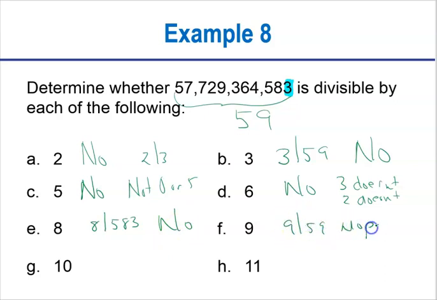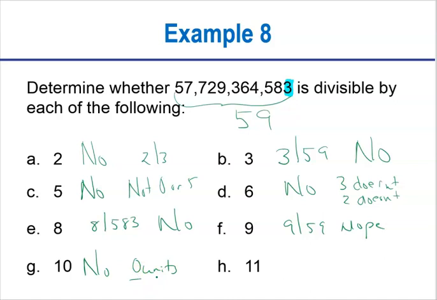As a matter of fact, if 3 doesn't go into that number, there's no way 9 is going to go into that number, because 3 is a divisor of 9. And if 3's out, 9 is out. Does 10? You would say no. Why no so quickly? Because there's not a 0 in the units place. You got to have a 0 in the units place.